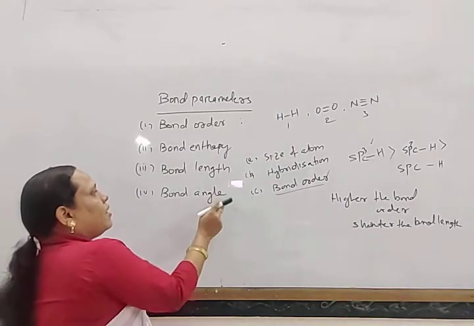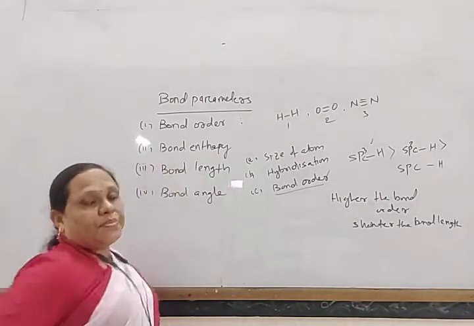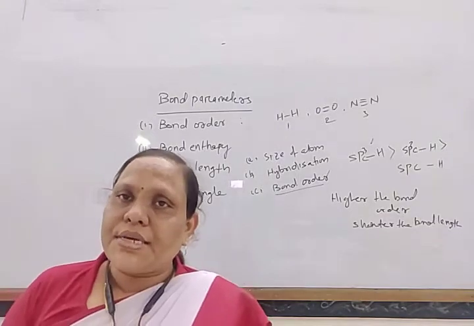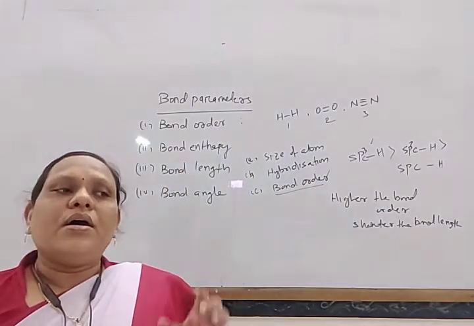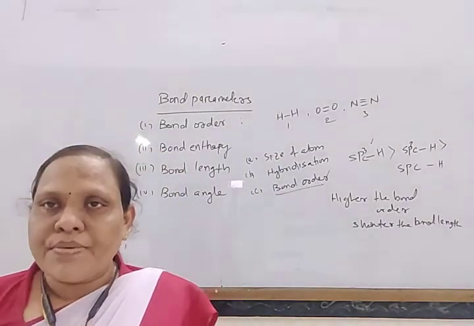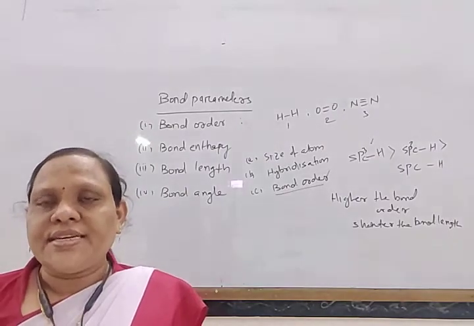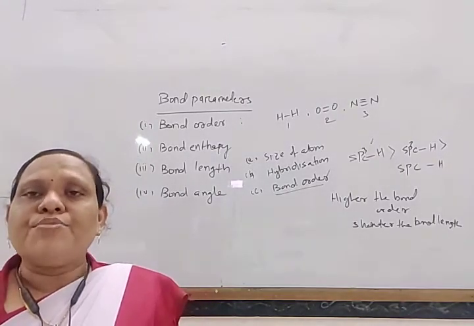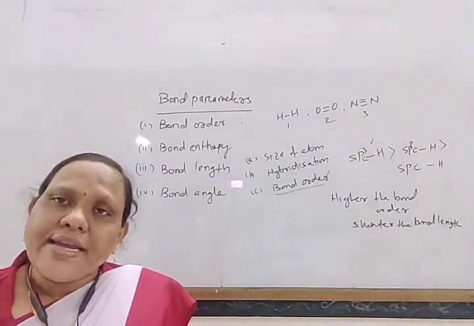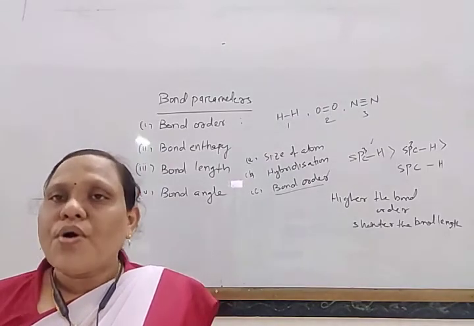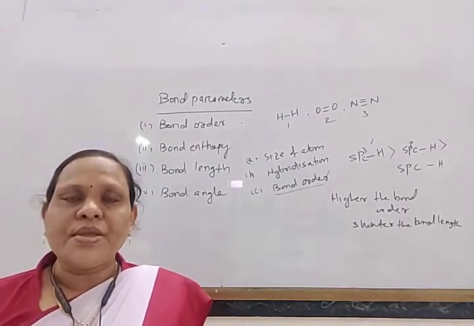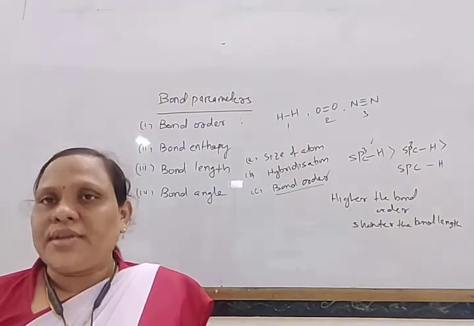Next, come to bond enthalpy. The amount of energy required to break one mole of a particular type of bond in the gaseous state is known as bond enthalpy. For a diatomic molecule, the bond enthalpy is generally the bond dissociation energy.